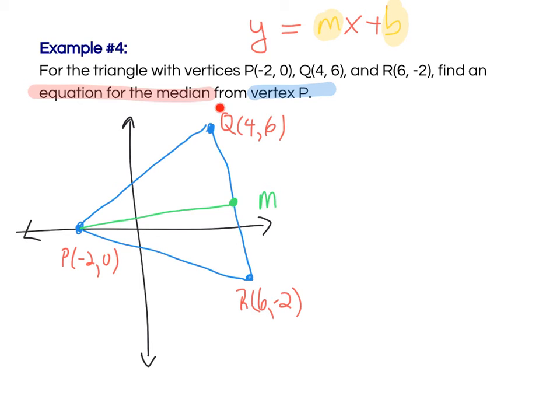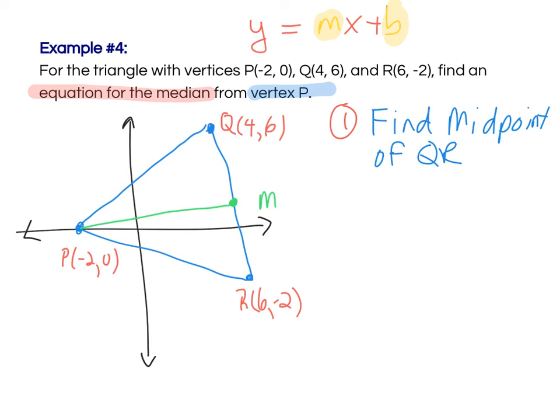If I find the midpoint of QR, then that will give me that coordinate right there. And that will in turn allow me to calculate slope. So that is going to be my strategy number one. I'm going to write that down. So number one, we're going to find the midpoint of QR.